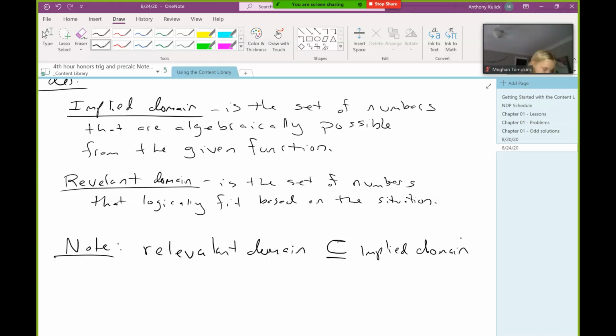Okay, so the relevant domain is always the smaller of the two. Well, I shouldn't say smaller. It cannot be the biggest. They could be the same size. That's okay. And we'll do some examples here to clarify this, because as tricky as this sounds, it's really not very tricky. Okay?